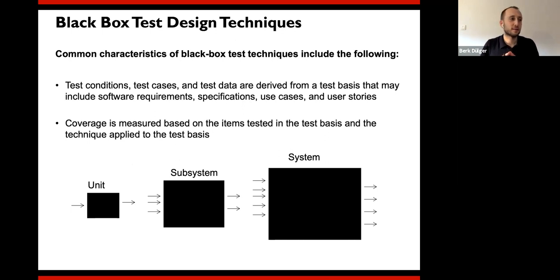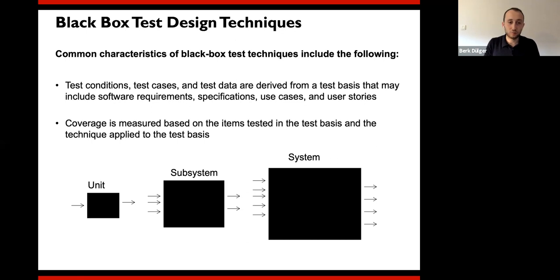You should not think it's not very worthy because we do not know the internal parts, internal flows of the system, because it gives you the ability to test software like an end user, like a real user. And black box and white box techniques can be used on each testing level, like unit testing, subsystem integration testing, system testing.